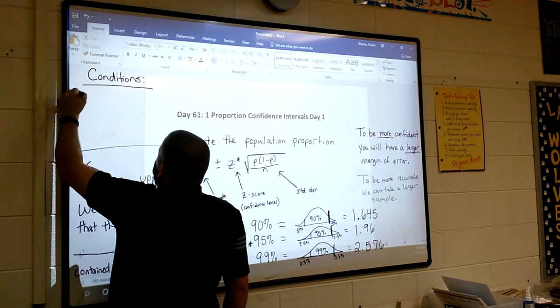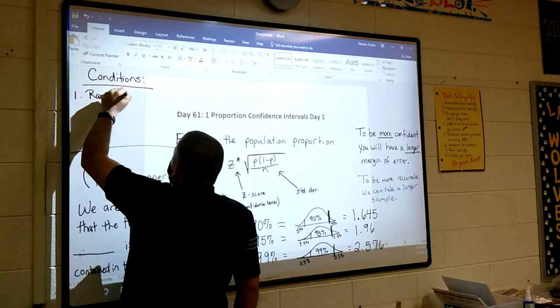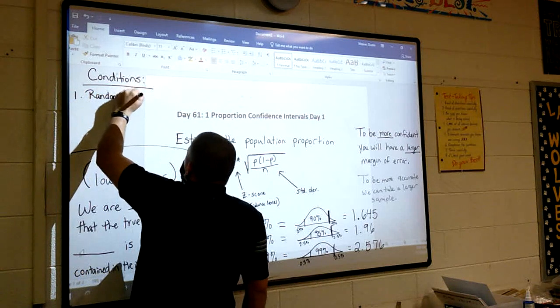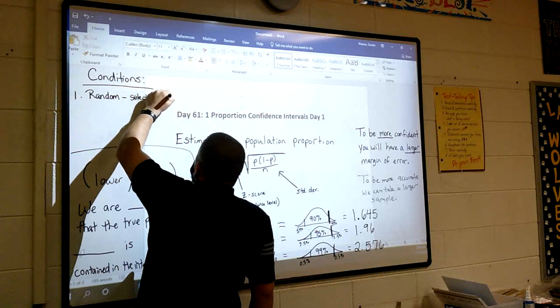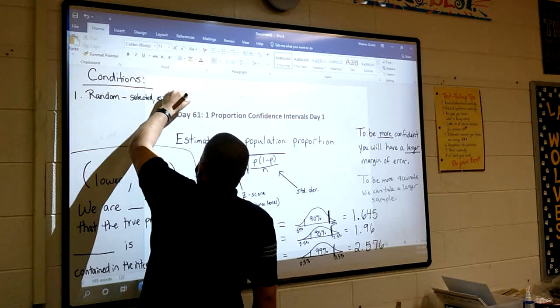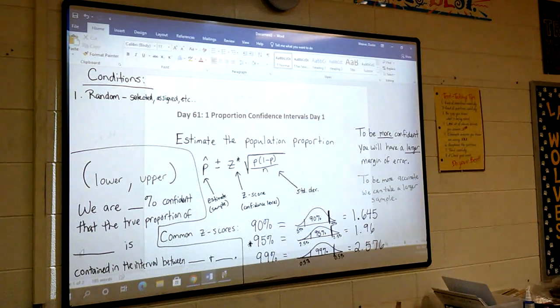Number 1, it has to be random. Okay? So either randomly selected, randomly assigned, etc. Somehow the way they got their sample has to be random.